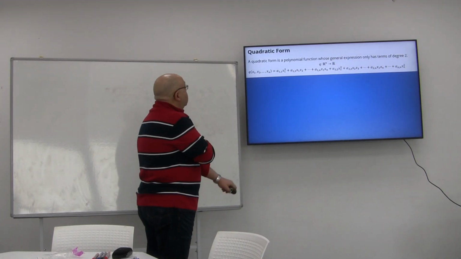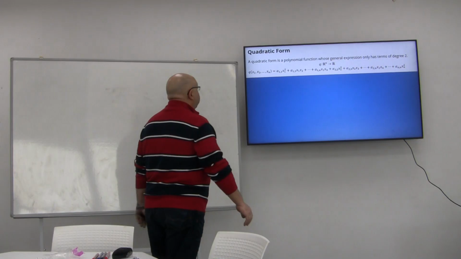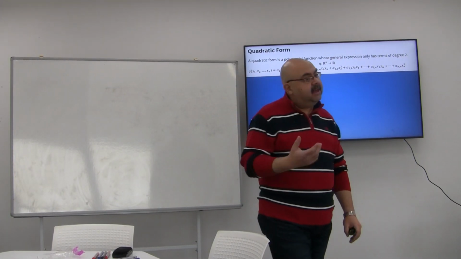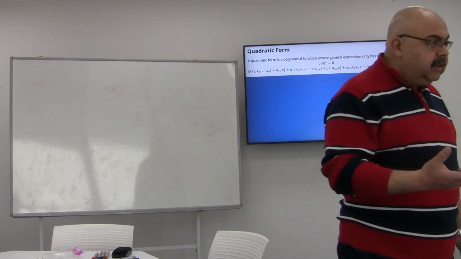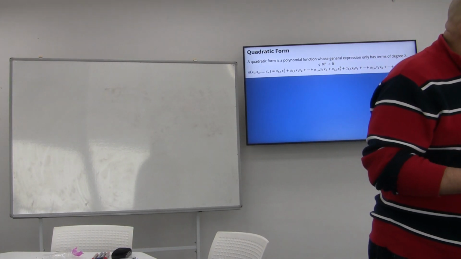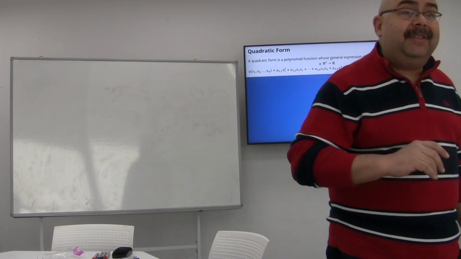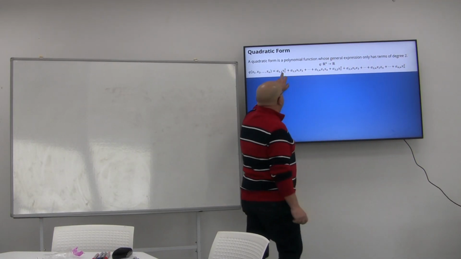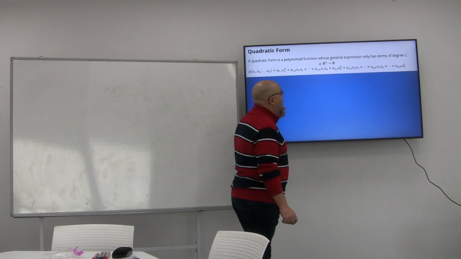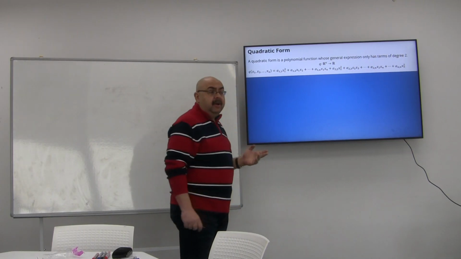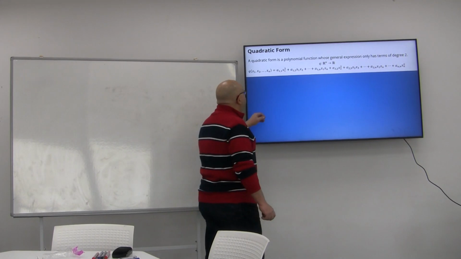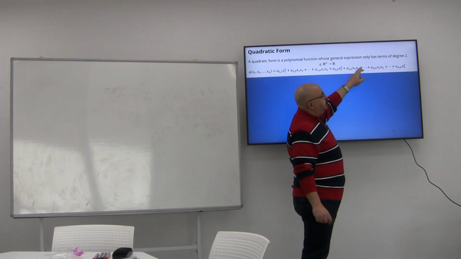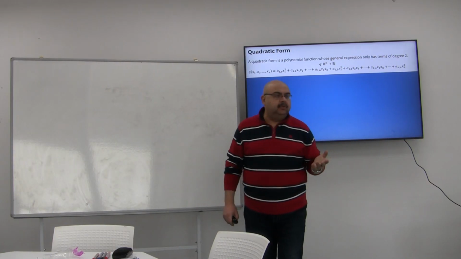Okay. So the first part about the quadratic forms is to find the quadratic part in a polynomial. By the quadratic part in a polynomial, we mean the parts that have power 2, which may appear like x1 to the power of 2, x2 to the power of 2, x3 to the power of 2, up to xn to the power of 2.